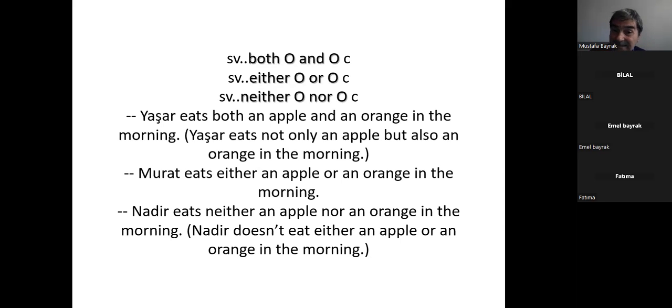Nadir doesn't eat either an apple or an orange in the morning. It has the same message as Nadir eats neither an apple nor an orange in the morning.